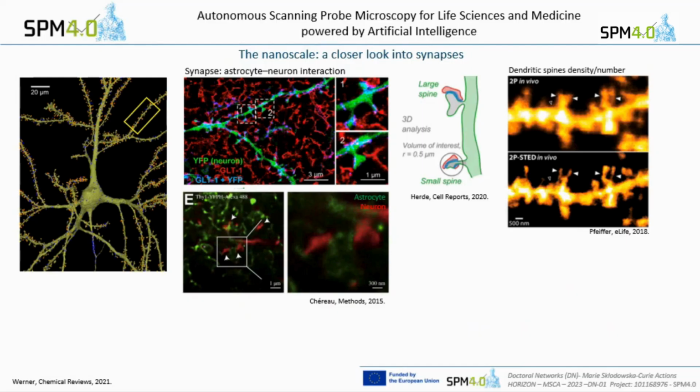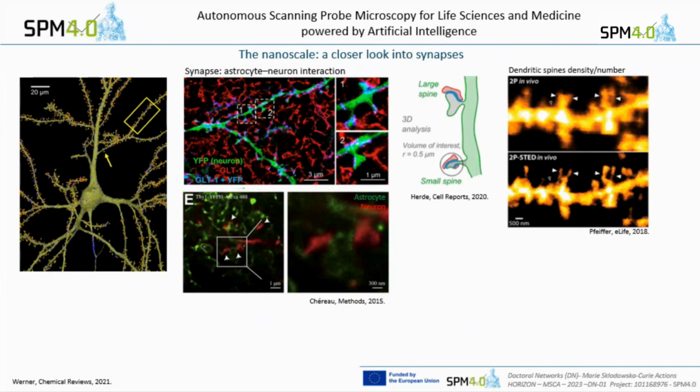And this is very important in pathology. For example, in Alzheimer's disease, we know that these dendritic spines are retracted. They are reduced in models of Alzheimer's disease. And this gives us a tool to better quantify and visualize these processes.